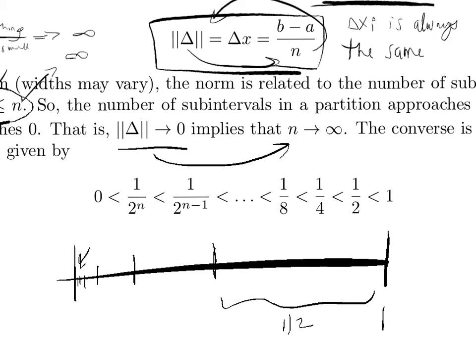The norm is the biggest partition. You could keep making smaller and smaller partitions down here, and you would have an infinite number of rectangles, but your norm is still the same. So just because you increase the number of rectangles does not make norm go to 0. But if you make norm go to 0, you force n to approach infinity.